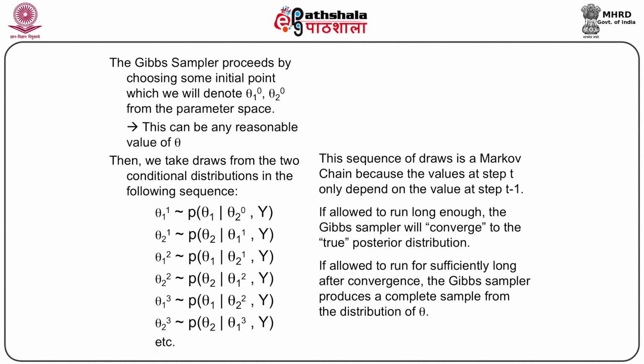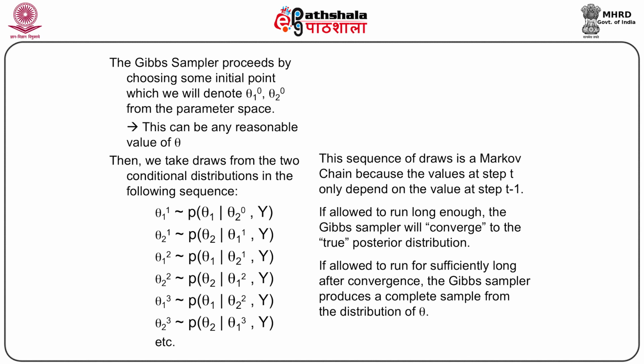Then we take draws from the two conditional distributions in the following sequence. We choose theta 1 superscript 1 from theta 1 given theta 2 superscript 0 and y. Earlier I used the notation x for the data, now we switch to y.